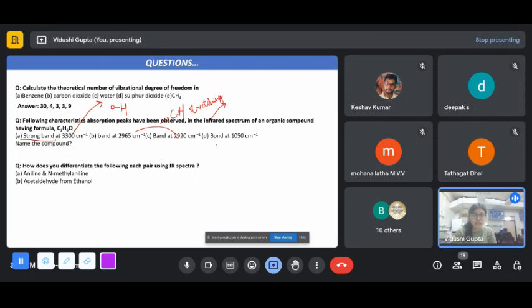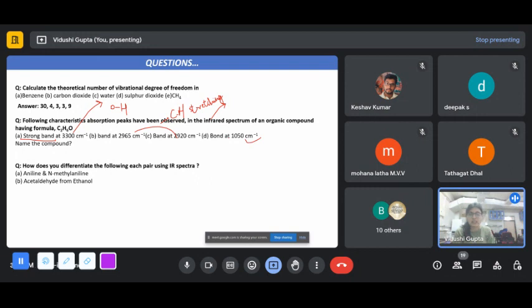There is another band at 1050. So can anyone tell me, at 1050 which functional group can be present?